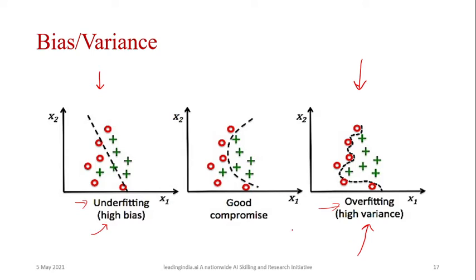Now, if we look into the middle curve, this is a really good curve. Whenever new data comes, this will give very good performance, or you can say minimal error. And this is known as a good curve, or a good compromise. So, in short, if a particular model has high bias, it means the model is not trained well, meaning you have high training error.